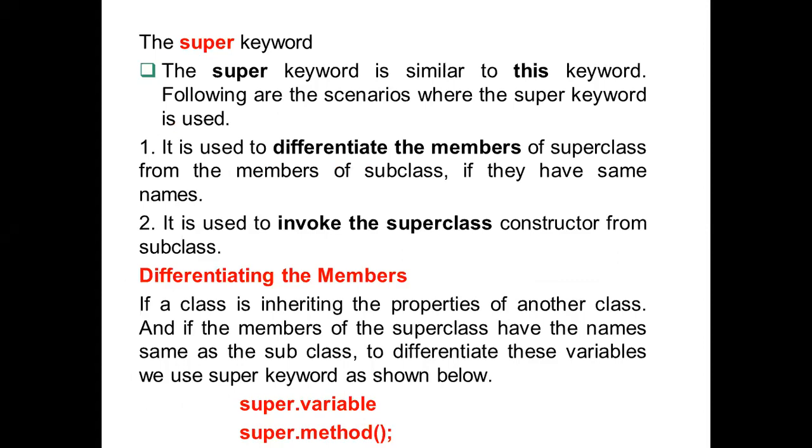If you know about the superclass, next we have the keyword itself. In Java, we have another keyword, super. Super is a keyword similar to the this keyword, which we already saw in the previous slides. The this pointer is like that.